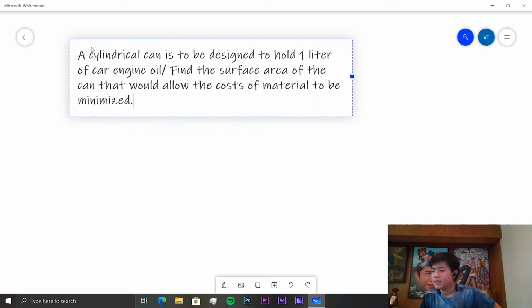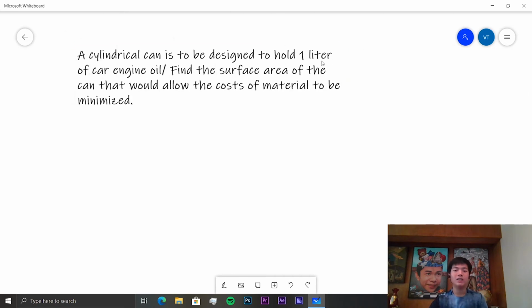Okay, so in order for costs to be minimized, we actually have to find the minimum surface area, because the surface area is what will determine the costing of the material.